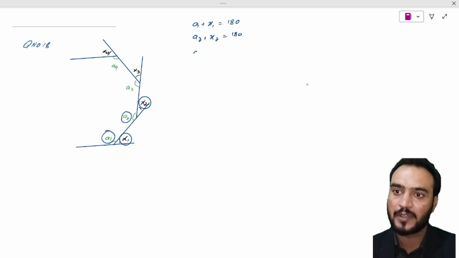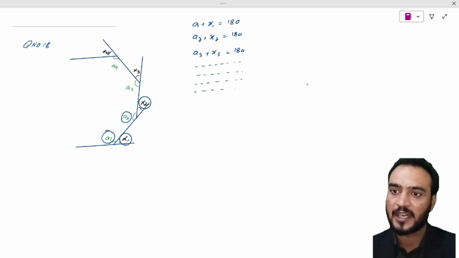Continuing this way, a3 plus x3 is equal to 180 degrees, and so on, because this is an n-sided polygon and we have n interior angles as well as n exterior angles.